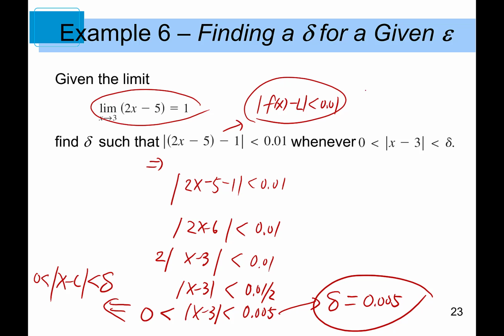So this is our epsilon, and that's our delta. This is exactly f of x. This is L, right? As we can see here, limit, that's L. So basically we're going backwards and finding the epsilon and delta.